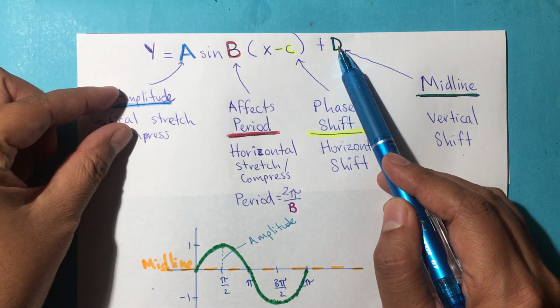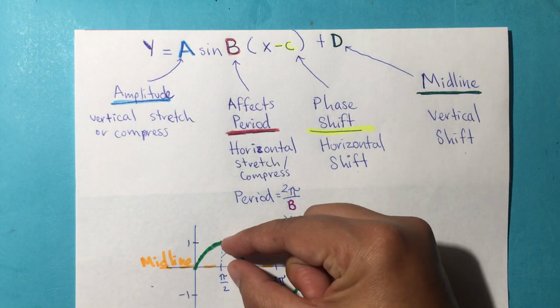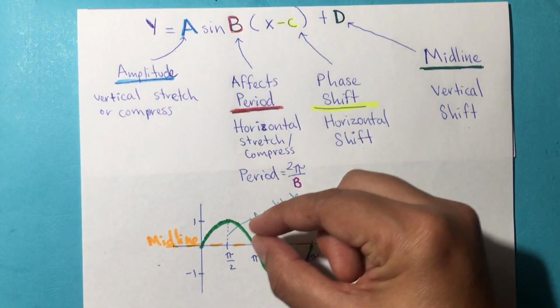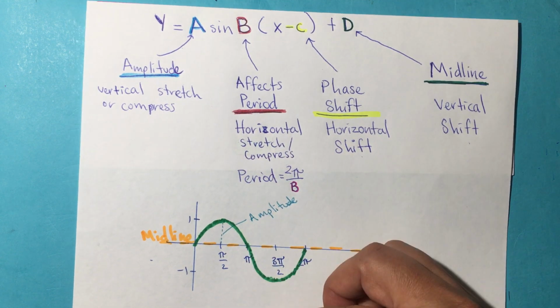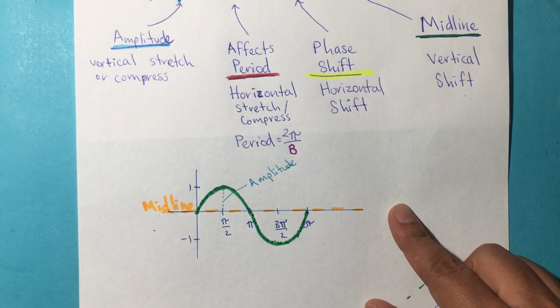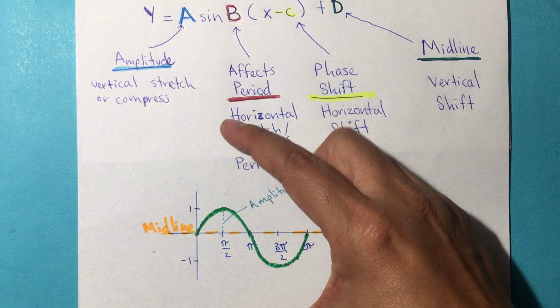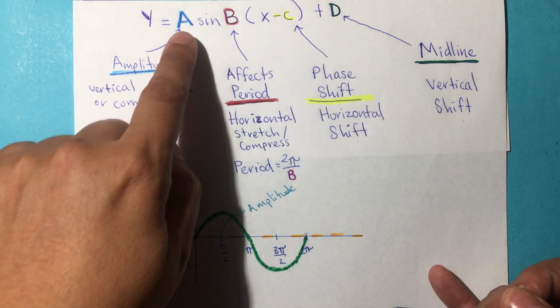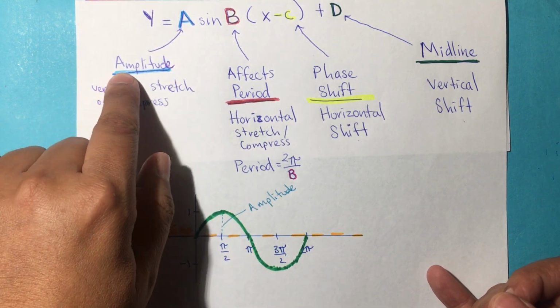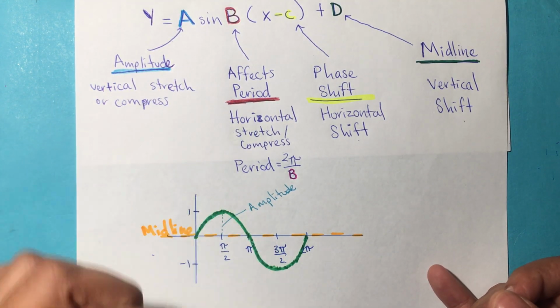This is the amplitude, it changes the amplitude. That means it's going to stretch it vertically from the midline, stretching each point away from that midline, or compress it if it's a fraction. Whole number, it stretches. Fraction, it compresses it.